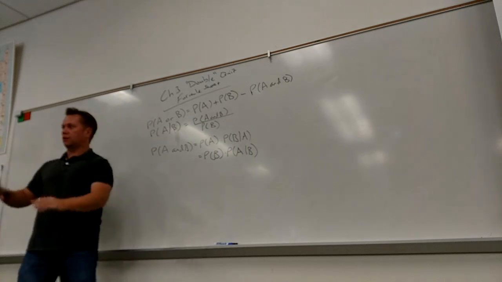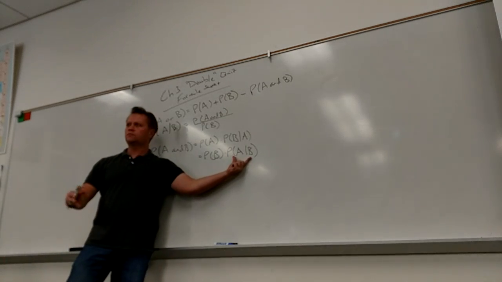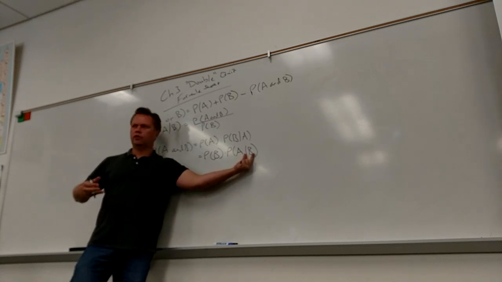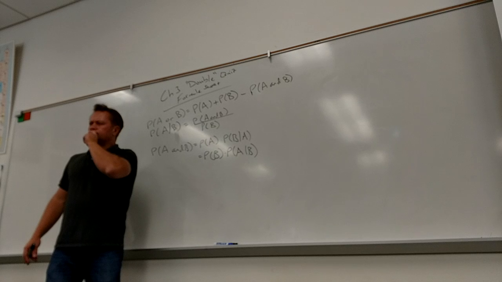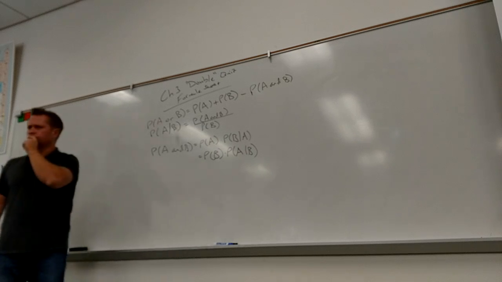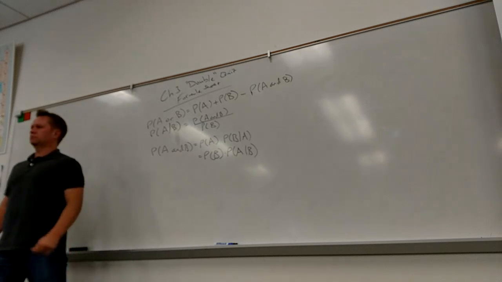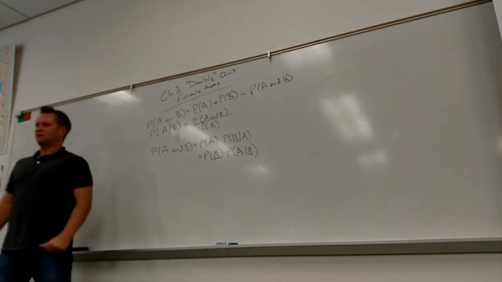So if you did it without replacement, this guy actually changes. Right? That's what a given does. It changes based on what happened already. You're like, okay, dude, whatever. Give me the formula.